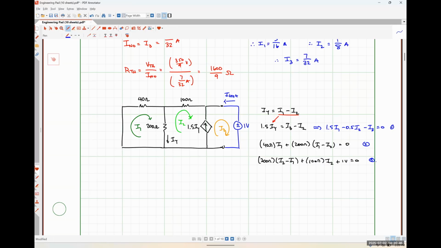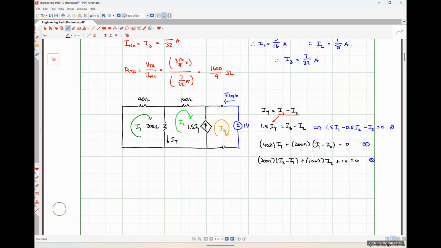My coefficient for I2 is negative 200. My coefficient for I3 is 0, and my constant term is 0. And in my third equation, my coefficient for I1 is negative 200. My coefficient for I2 is 200 plus 100. My coefficient for I3 is 0. And lastly, my constant term is minus 1.